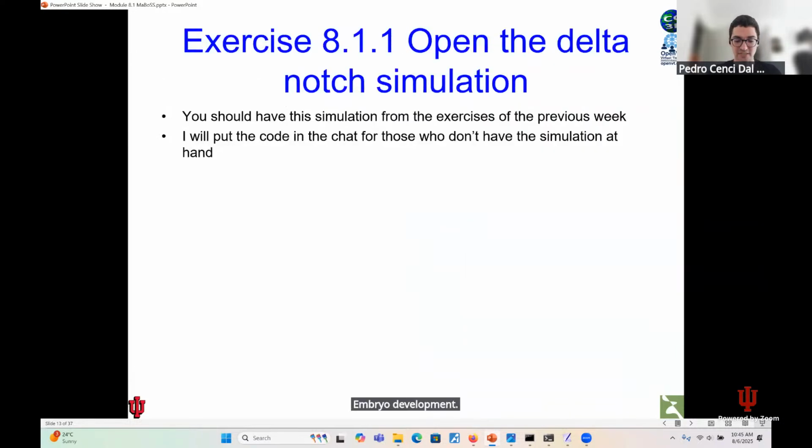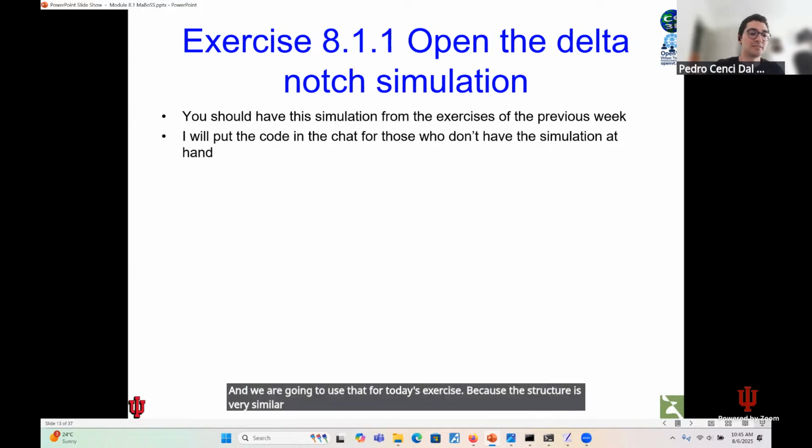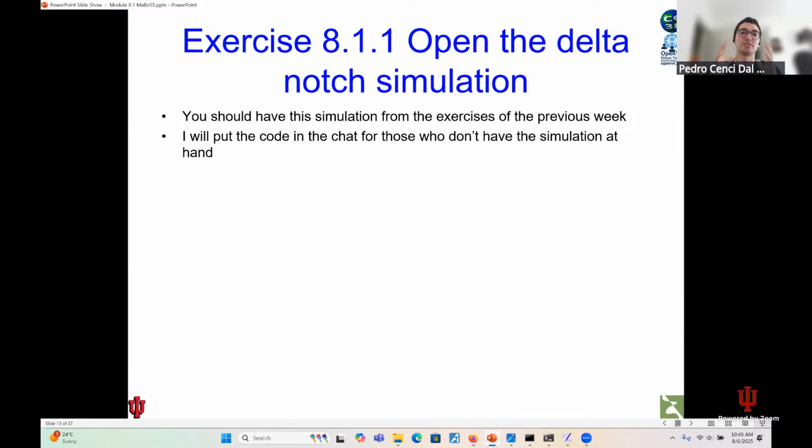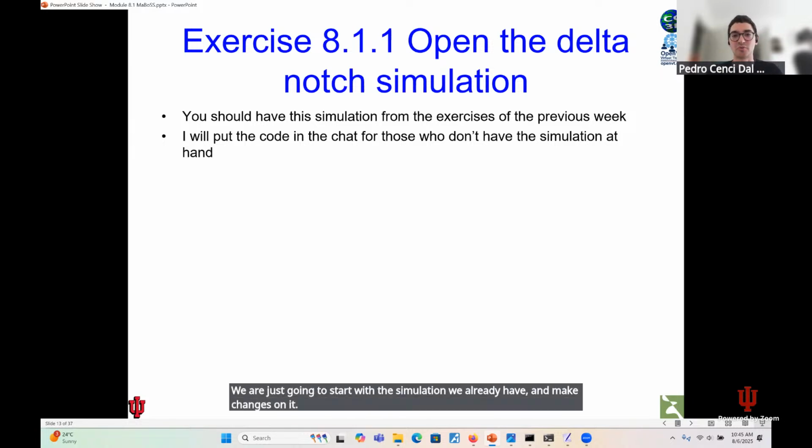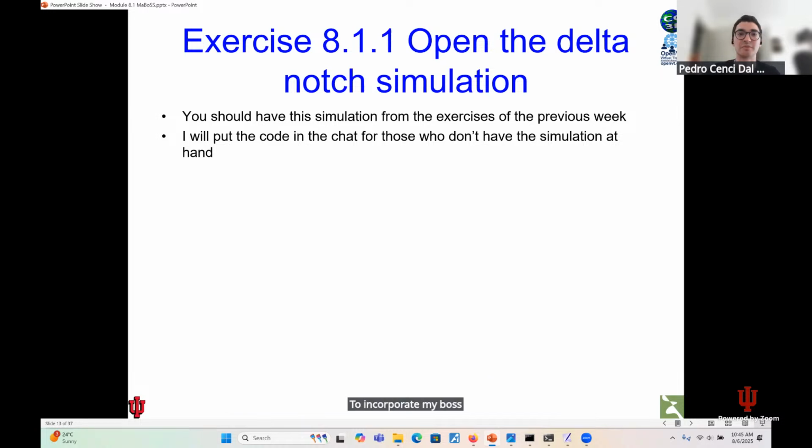So our first exercise for today is to open the delta notch simulation. We built a delta notch simulation using Antimony last week, and we are going to use that for today's exercise. Because the structure is very similar to the Antimony structure, we are just going to start with the simulation we already have and make changes to it to incorporate MaBoSS instead of Antimony.